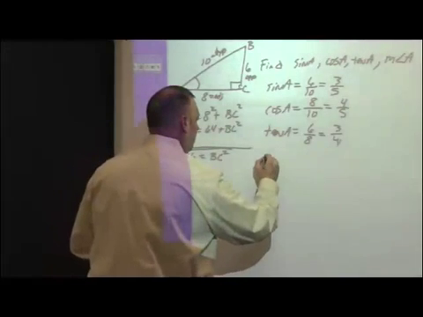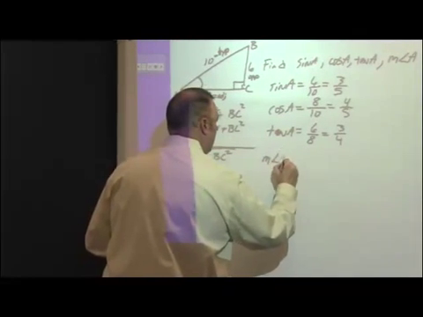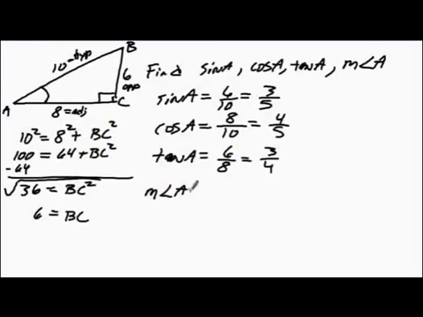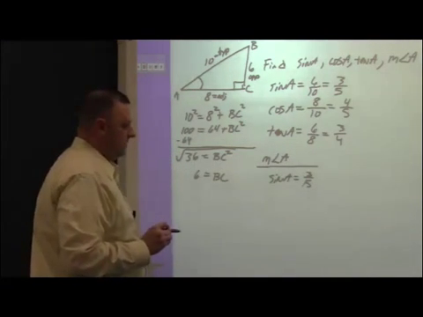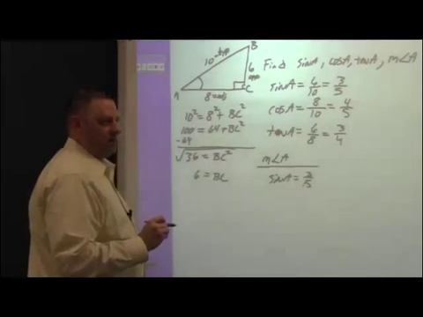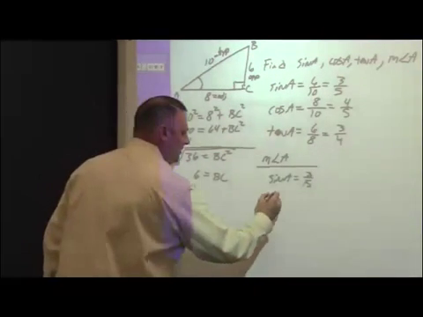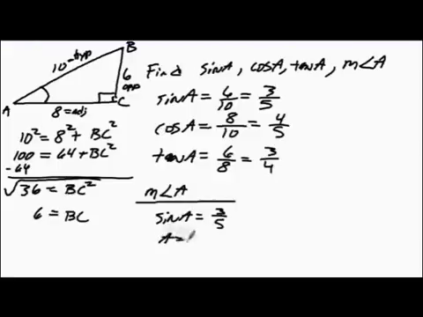Now, how are we going to find the measure of angle A? Well, what we could do is take any one of these three. Let me just start with sine A, which we've already determined is 3/5. What you could do is take the sine inverse of both sides. What it would give you is angle A equals sine inverse of 3/5.